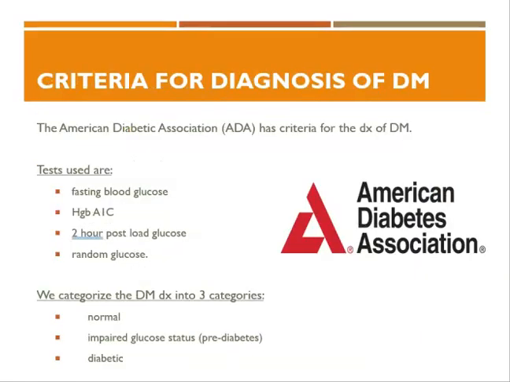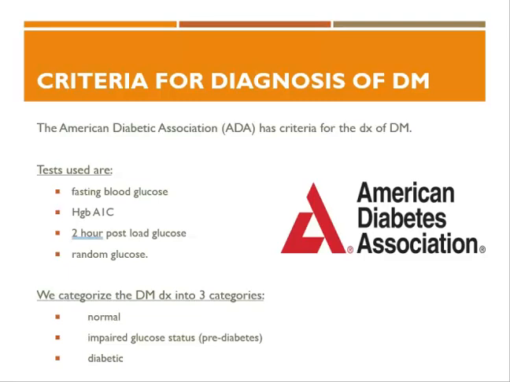We have a few different criteria for diagnosing diabetes mellitus, and these are set up by the American Diabetes Association, or the ADA. The tests that are usually used are the fasting glucose test, the hemoglobin A1C, the 2-hour post-load glucose, and the random glucose.